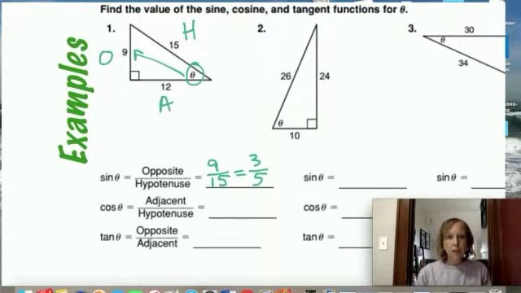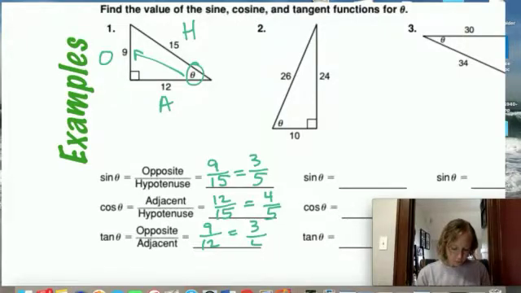All right, next one, cosine, adjacent over hypotenuse. So 12 over 15, and dividing them both by 3, that will equal 4/5. Last one, tangent. The tangent of the angle is opposite over adjacent, 9 over 12. Reduce that fraction, we have 3 over 4.